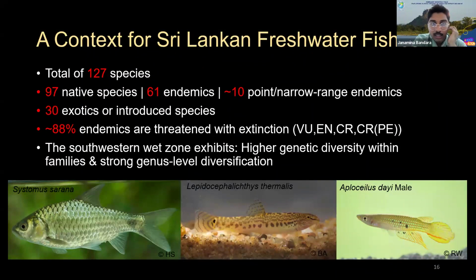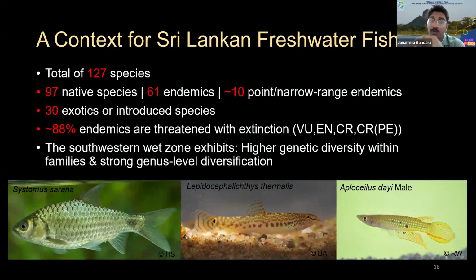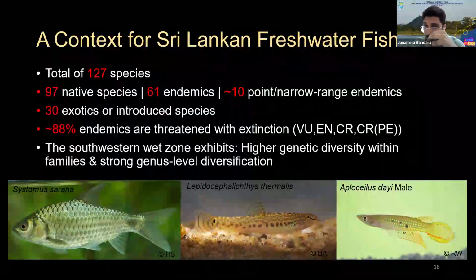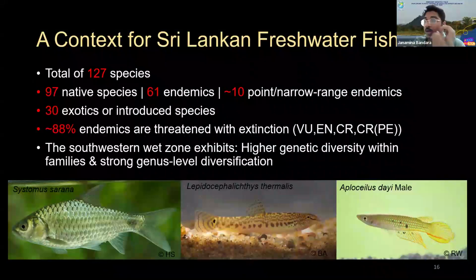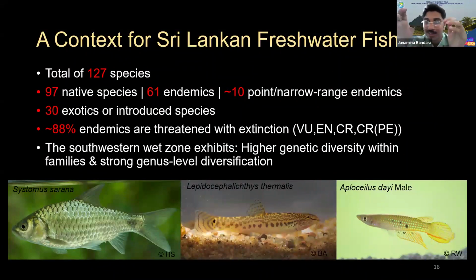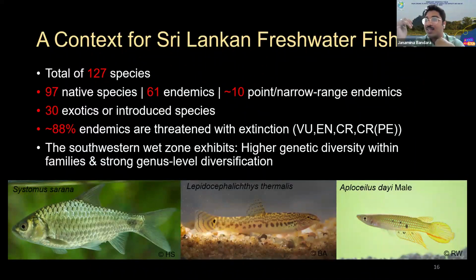Yeah. So approximately 127 species of freshwater fishes inhabit Sri Lankan waters, including the exotics as well. Nowadays there are tons of new exotic species, like the Channa species and alligator gar as well.